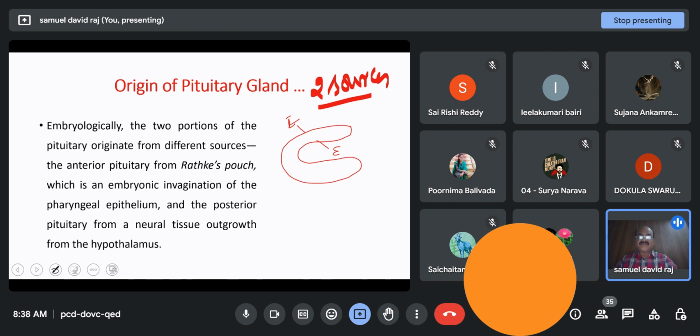The ectoderm is divided into two parts. This part is called neurectoderm, and the remaining entire part is called somatic ectoderm.